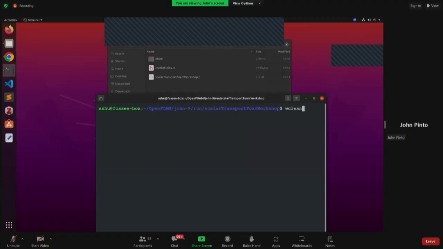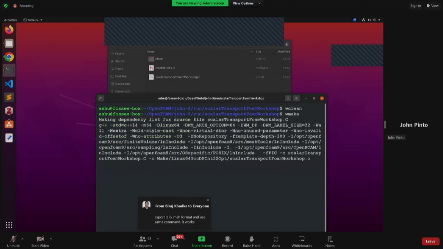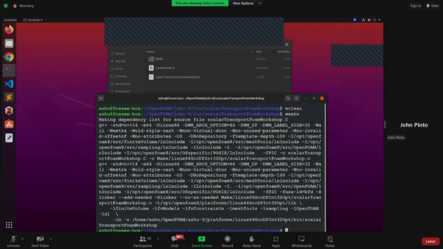If you have already compiled previously and you want to change something, type wclean and then wmake. If you have made any mistake or forgotten something, it will point it out here. If it compiles properly without any problem, that means we have compiled our new solver.